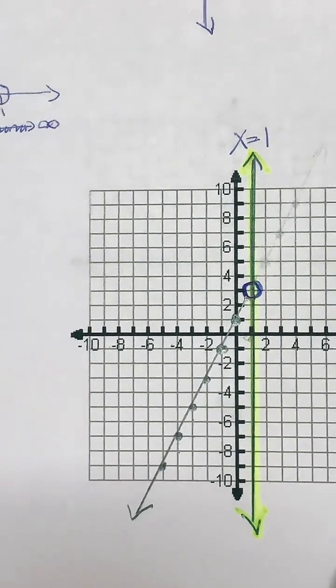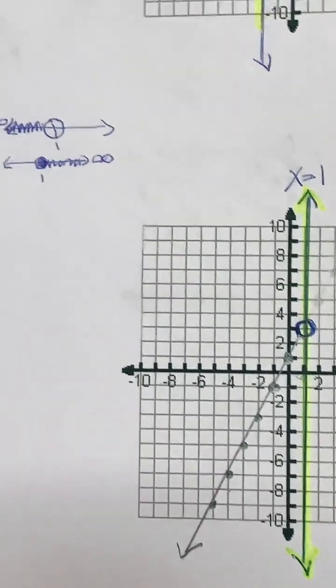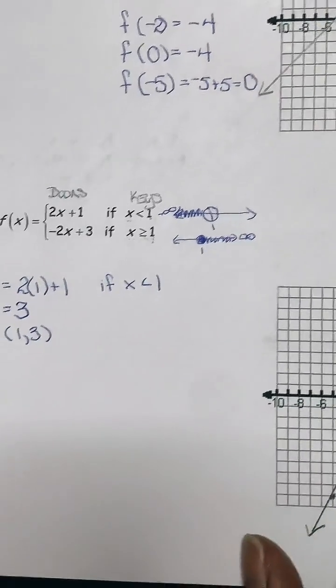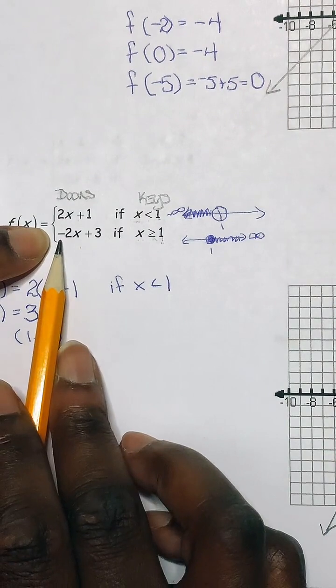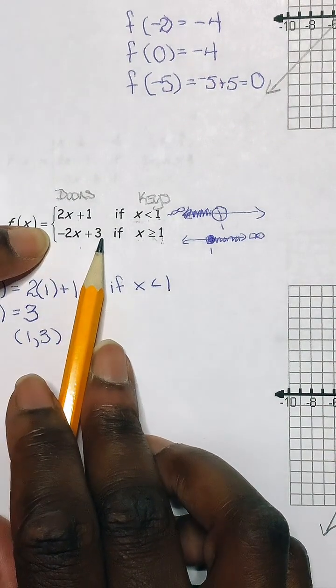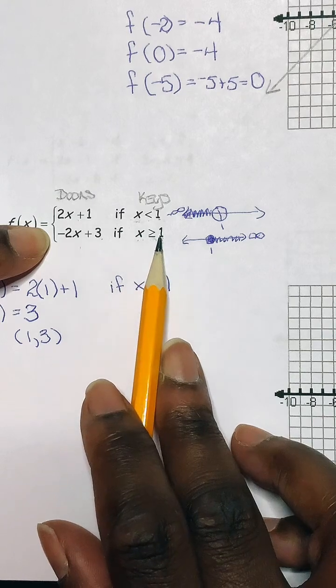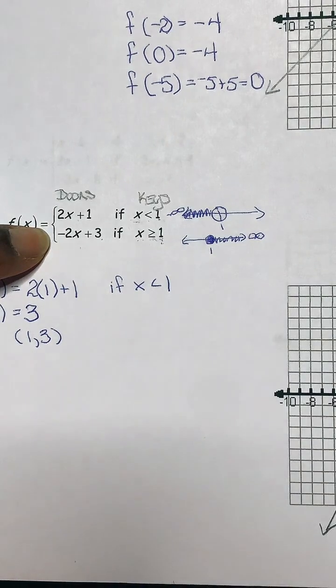Okay. So now we're not done. We still have the other equation to do. The other expression deals with -2x plus 3, but we're dealing with when x is greater than 1. So how do we find that point?